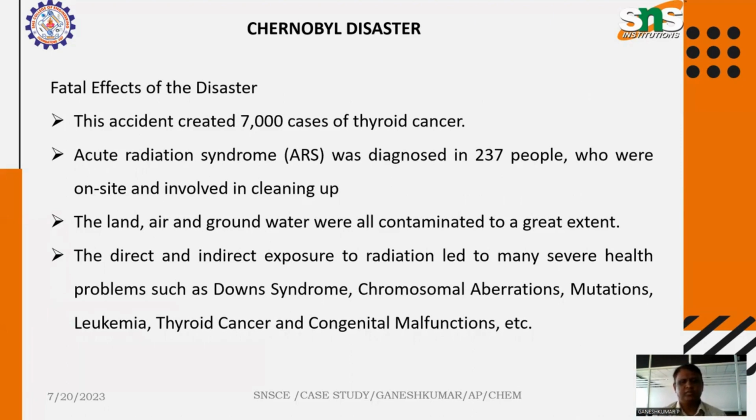Acute radiation syndrome was diagnosed in 237 people who were on site and involved in the cleaning up process. The land, air, and groundwater were all contaminated to a great extent. The direct and indirect exposure to the radiation led to several health problems such as Down syndrome, chromosomal aberrations, mutations, leukemia, thyroid cancer, and cognitive malfunctions, which not only affected the current generation but continued for several generations through genetic transfer.